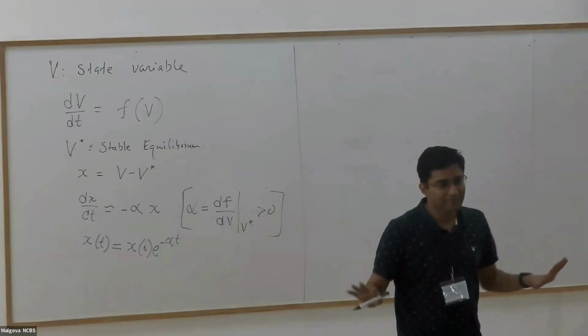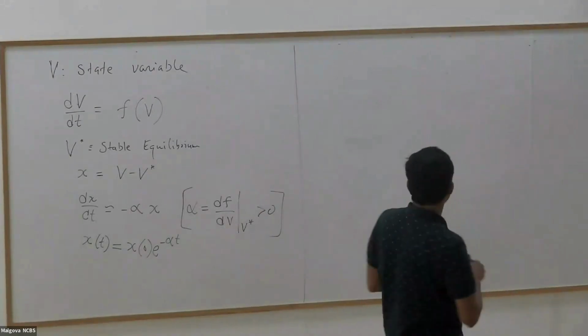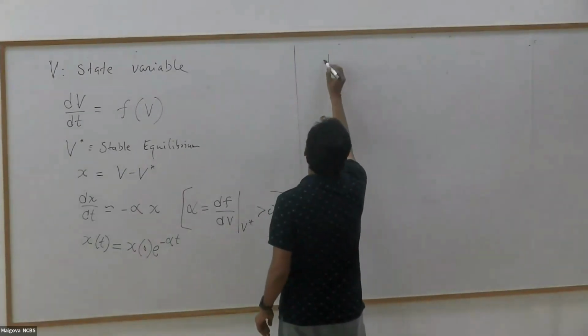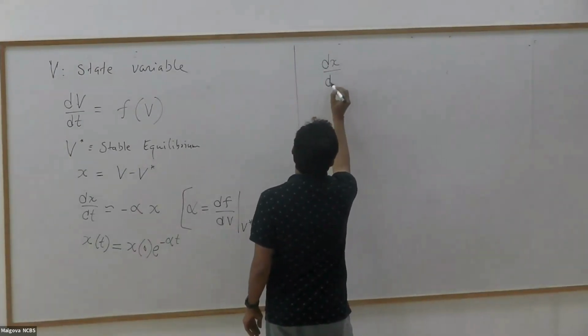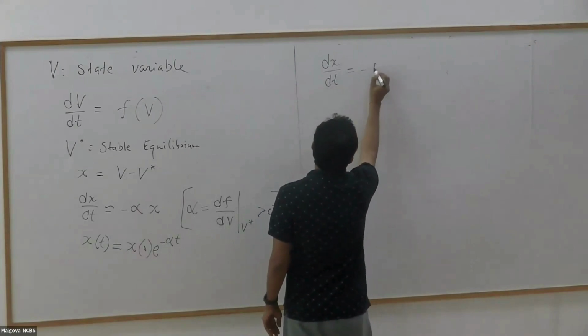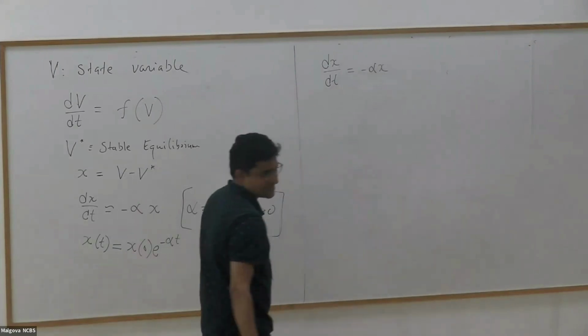So one very simple way to start incorporating stochasticity is to write a differential equation directly for how the perturbations change.